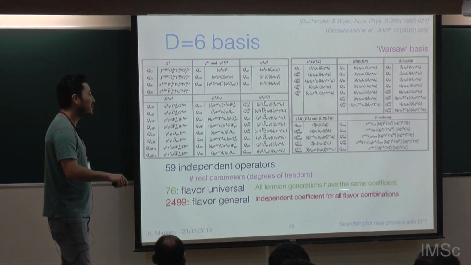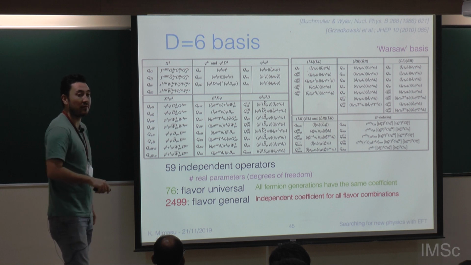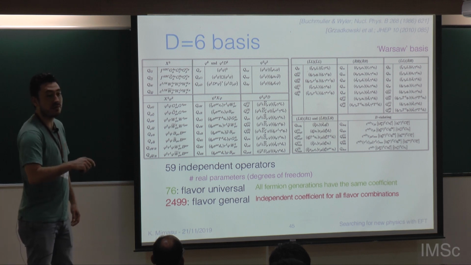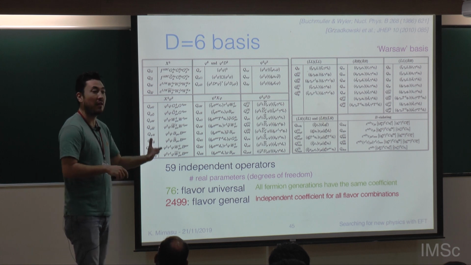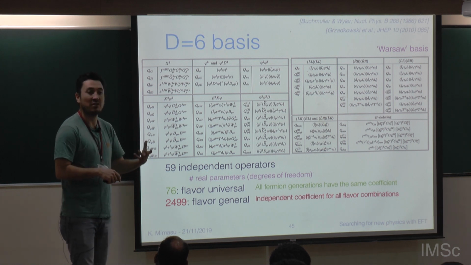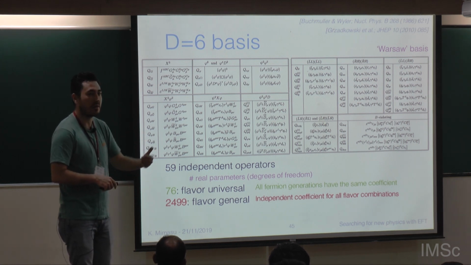So that means every single flavor combination has an independent coefficient in these 2 fermion and 4 fermion operators. So you can see that the main culprits are going to be 4 fermions because they have 81 flavor entries each, 3 times 3 times 3 times 3.